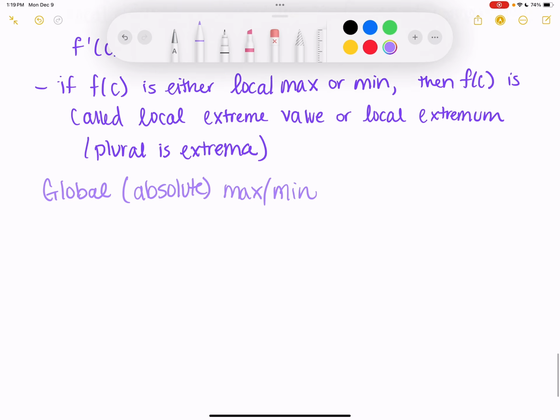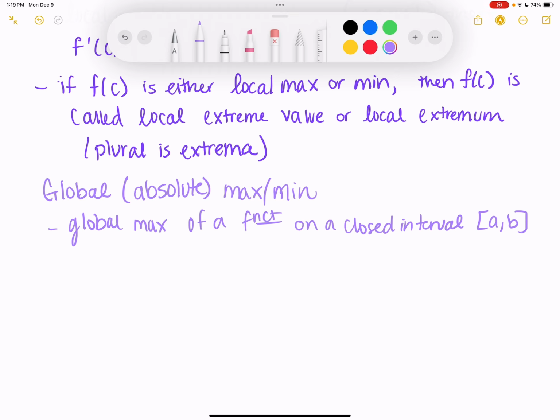A global max of a function on a closed interval a to b occurs at x equals c if f of c is greater than or equal to f of x for all x on the interval a to b. I pretty much always say absolute. I don't usually say global.